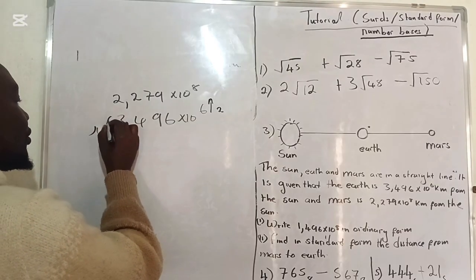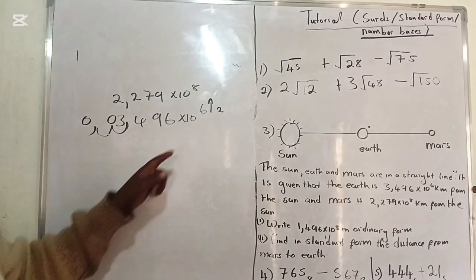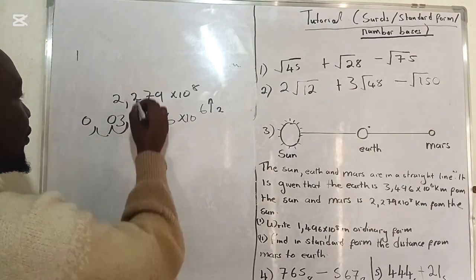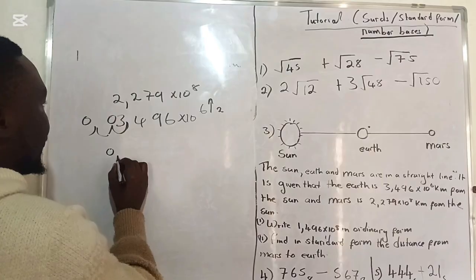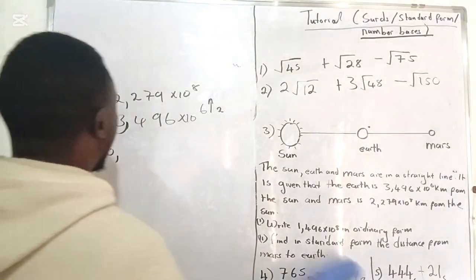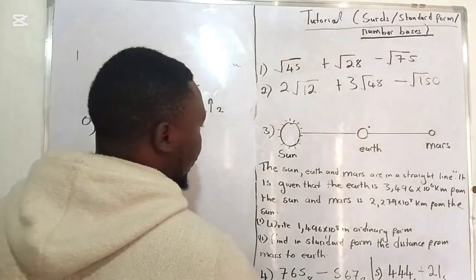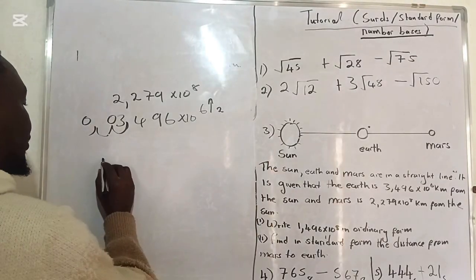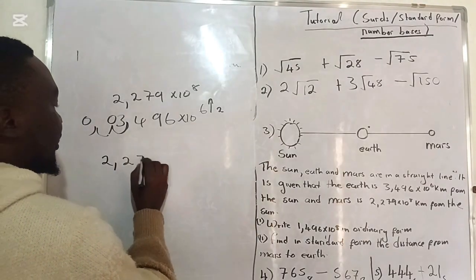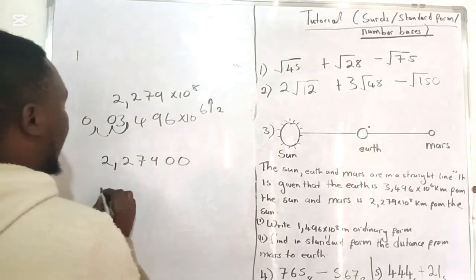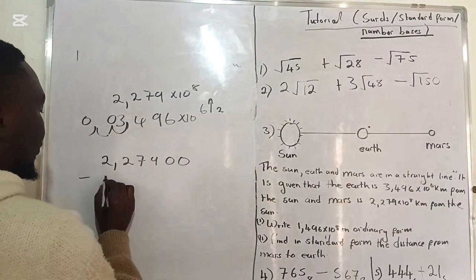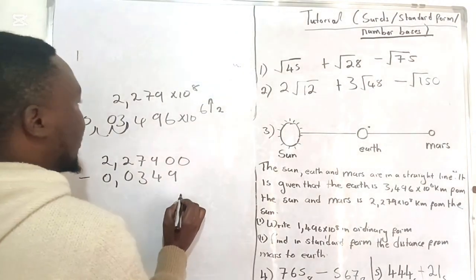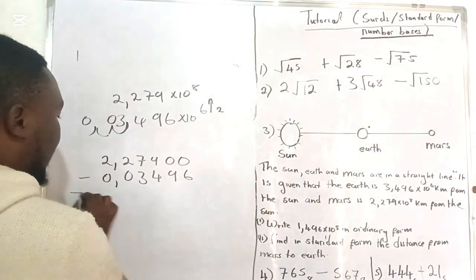So that our power can move 2 units up. So this will be 0.0349346. When you're going to do the subtraction, the distance from the Sun to Mars, which is 2.27900, minus this one, which is 0.0349346.